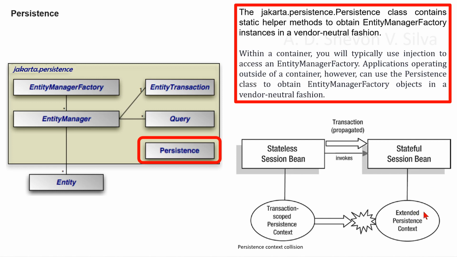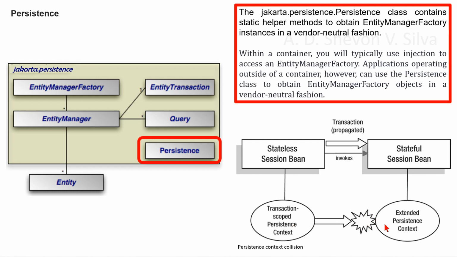In this example, the stateful session bean will find the transaction scoped persistence context created by the stateless session bean, and the call into the stateful session bean method will fail. There can only be one active persistence context for the transaction. This figure illustrates this case.